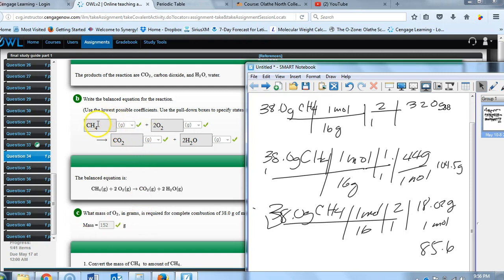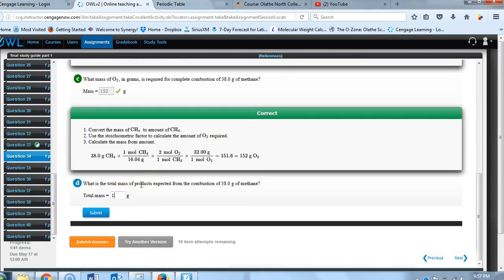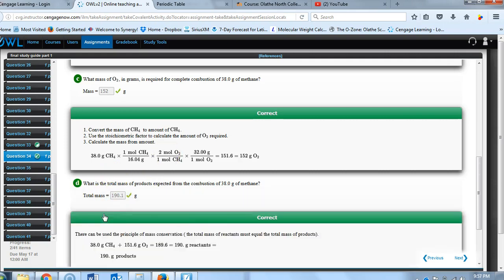If we want to go from methane to our water, it's a 2-to-1 ratio. We would get 85.6. If we add those together, 85.6 plus 104.5, 190.1. Cross your fingers that I've done the math right. Ta-da! Yay!